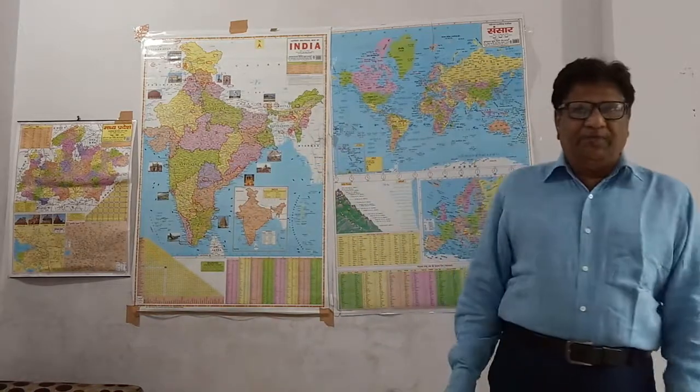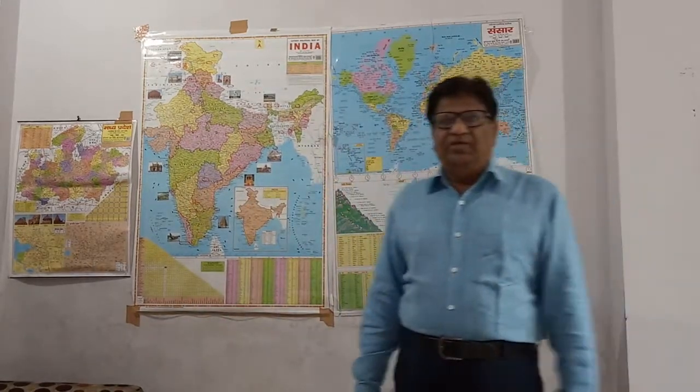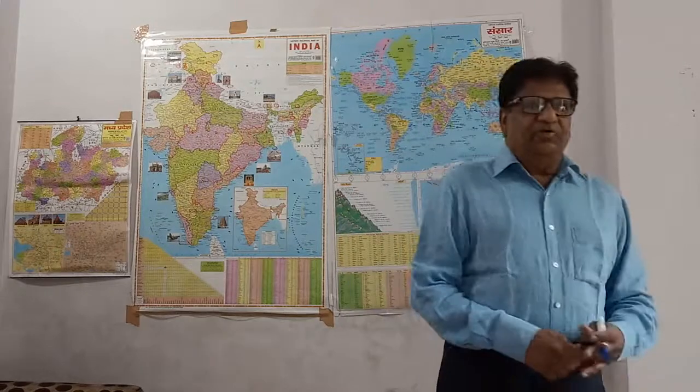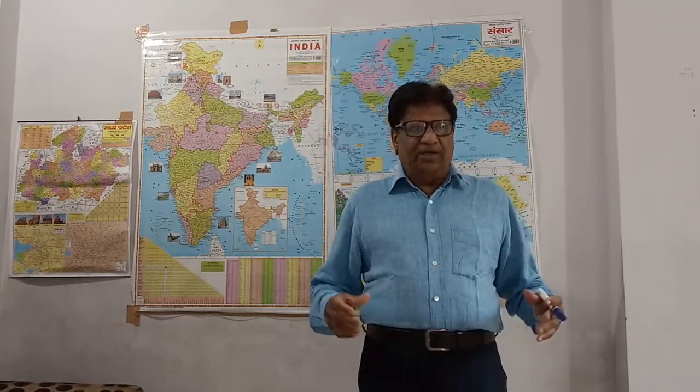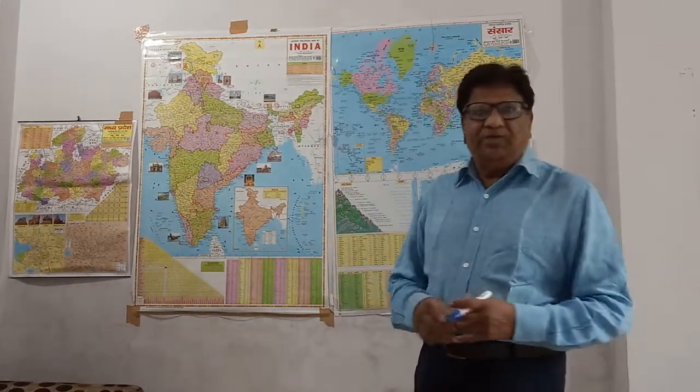The preamble was first adopted by America, and after that India and so many other countries also adopted it. Preamble means the introduction and preface of the Constitution, and it is also called the identity card of the Constitution. In the Constituent Assembly, it was first introduced by Jawaharlal Nehru, and at that time it was called the Objective Resolution.